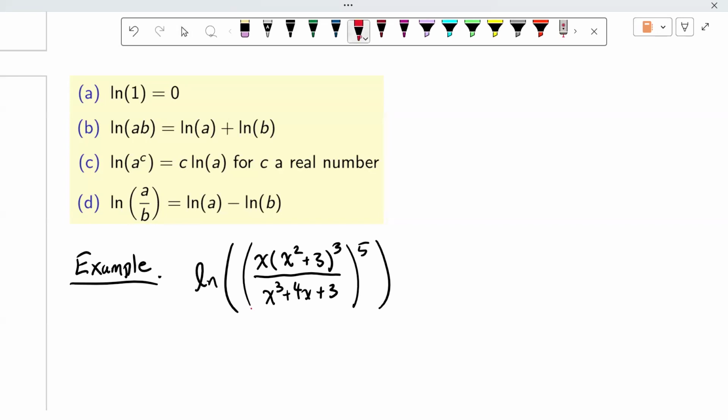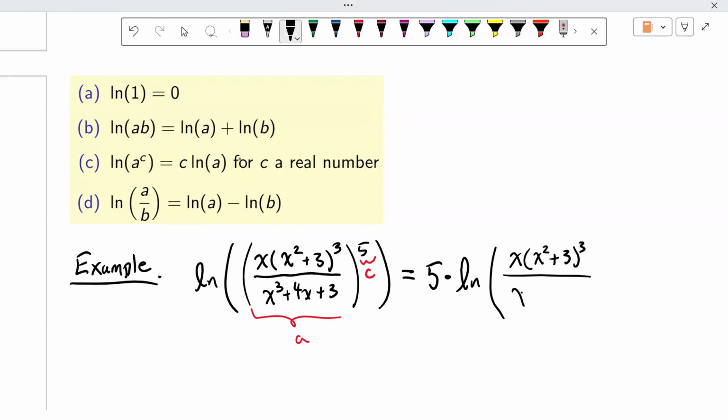She said, this is like your A and this is like your C, in part C, right here. And so we can write this as 5 times natural log of x squared plus 3 cubed over x cubed plus 4x plus 3.